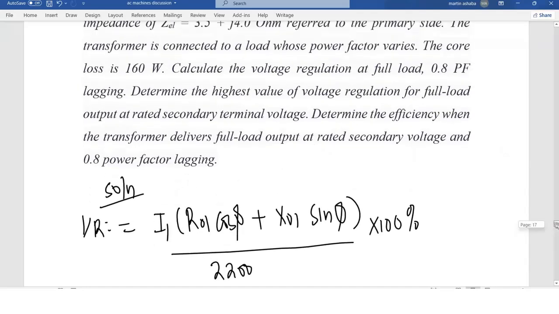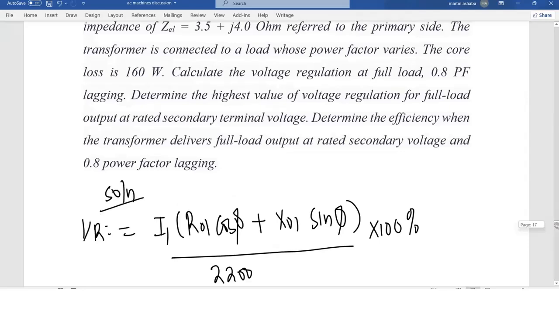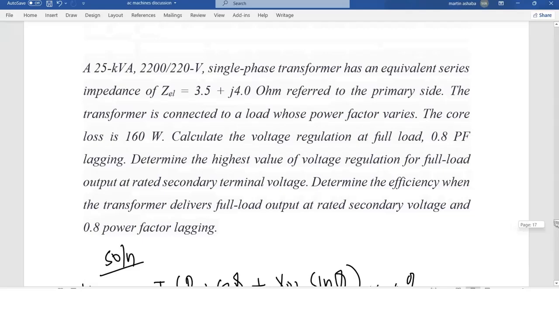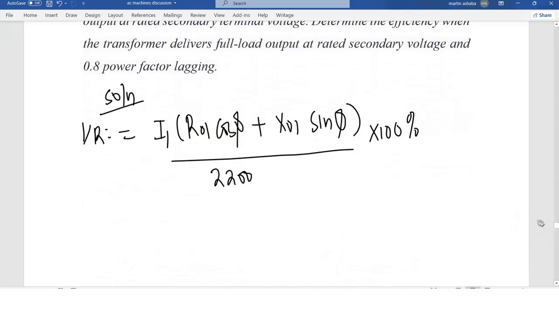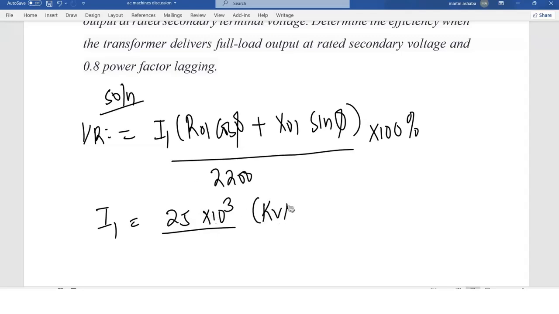We are told that the power factor is 0.8 and the resistances are as shown above, and what we don't have is the current. So I1 is going to be 25 times 10 to the power 3, which is the kVA rating, divided by 2200, the primary voltage.